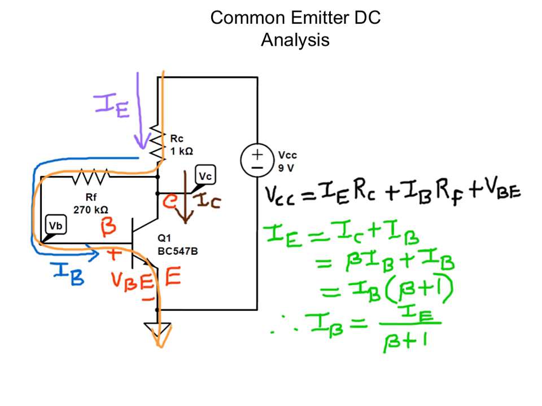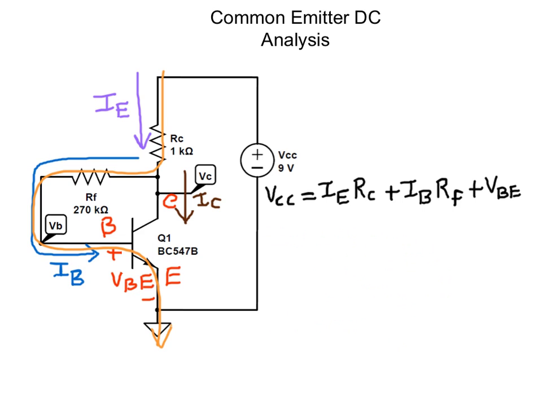So we can substitute the expression for the base current into this equation. Let me get rid of some of the clutter. So we know that IB can be expressed as IE by (beta plus 1).